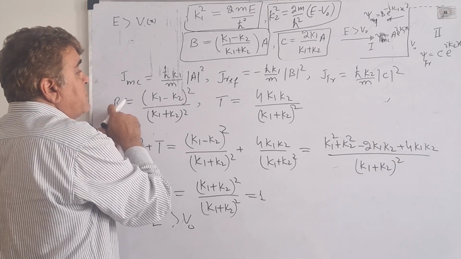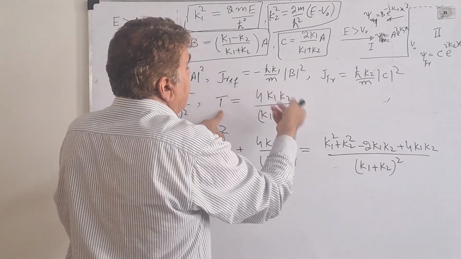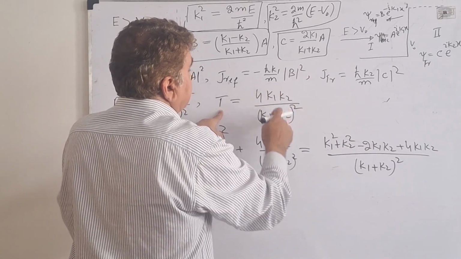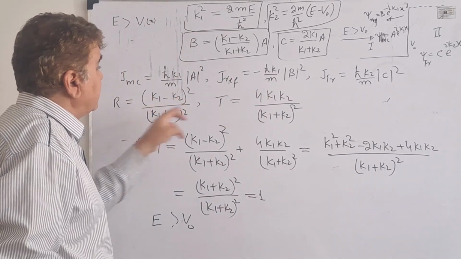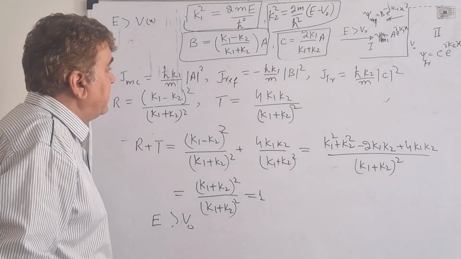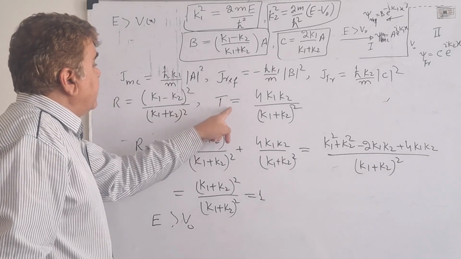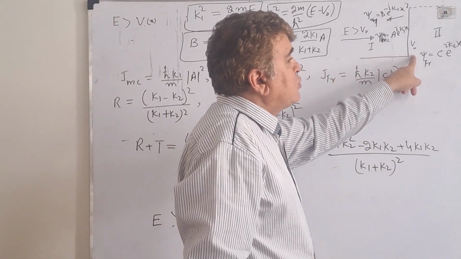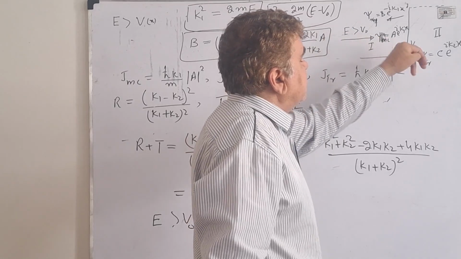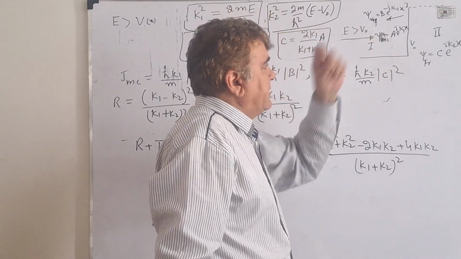And if R is 0, the transmission coefficient is obviously maximum, that is, it must go to 1. And under that condition, we are in fact dealing with a free particle. If there is no potential, then this describes the dynamics of a free particle.